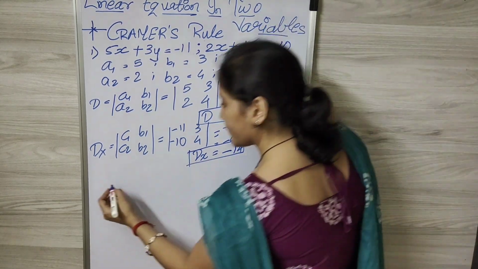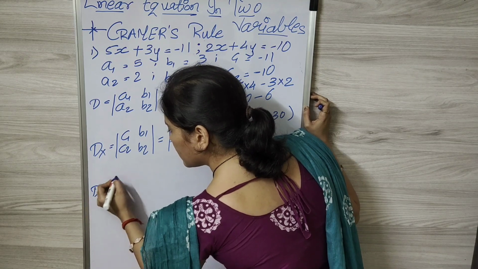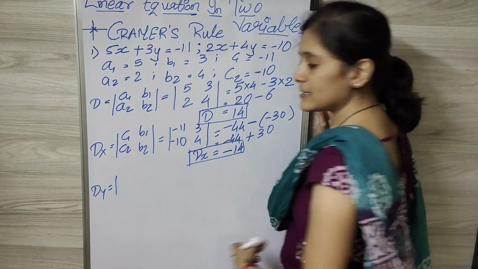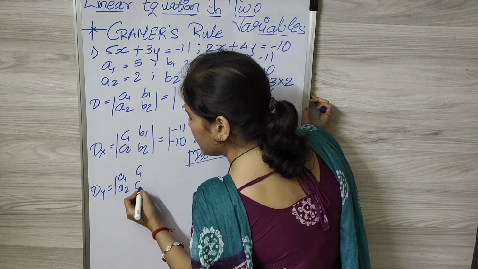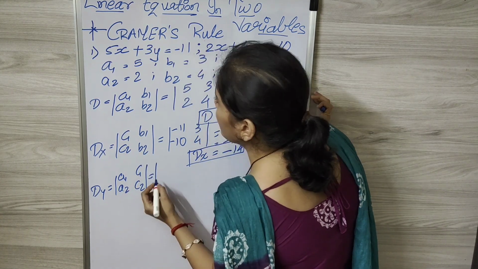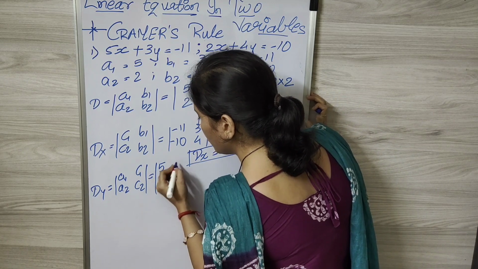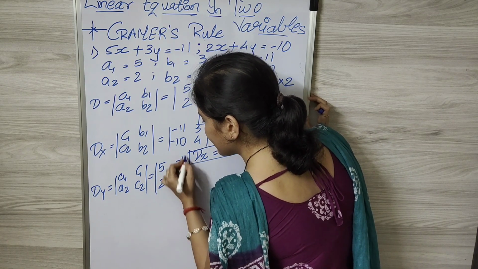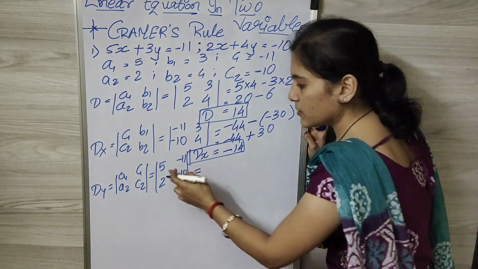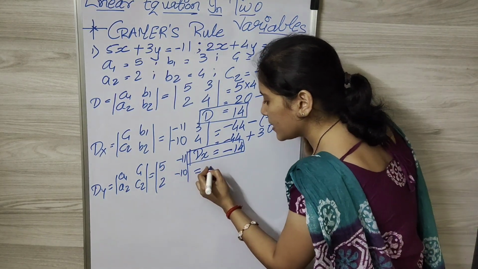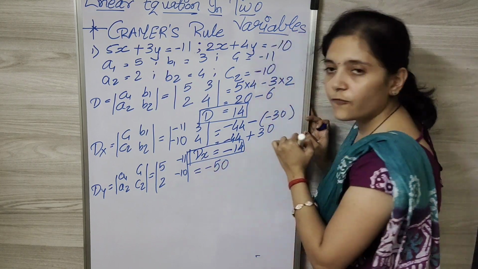Next, dy. For dy, the formula is a1, a2, c1, c2. a1, 5, 2, minus 11, minus 10. Now, again, cross multiplication, 5 into minus 10 becomes minus 50.